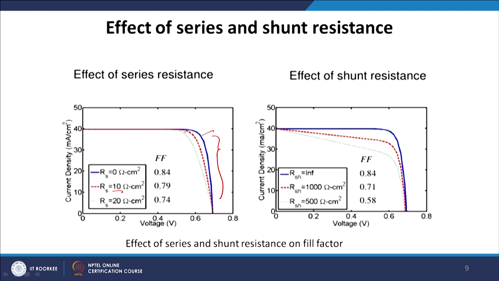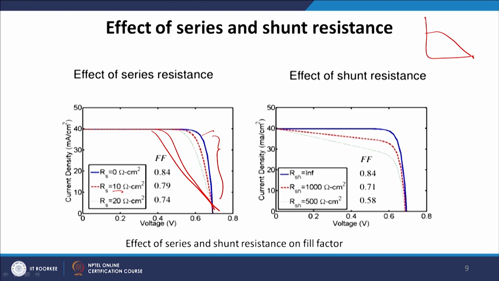You see that the red curve is bending before a perfect knee, while at 20 ohm per centimeter square, it has bent like this. If it is high, let us say 50 ohm per centimeter square, it will be like this. If it is too high, then it will be like this. So, if we get a solar cell where the IV characteristics is like that, we mean that the series resistance of this device is very, very high.